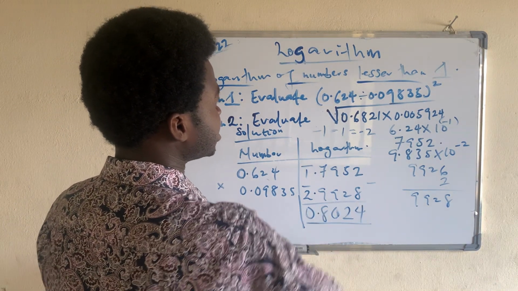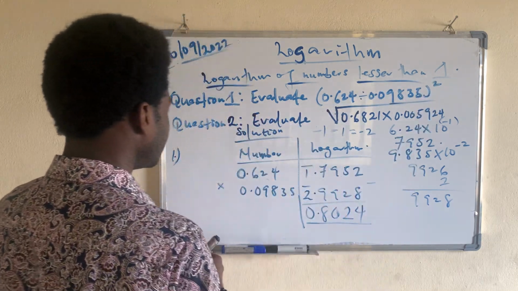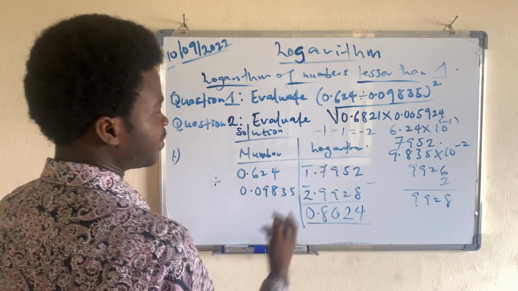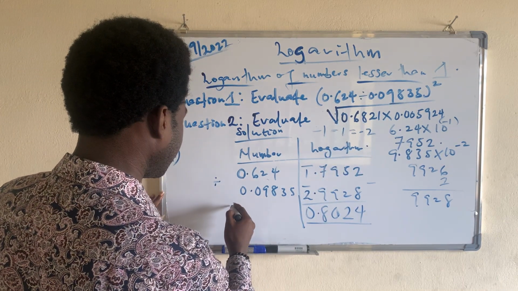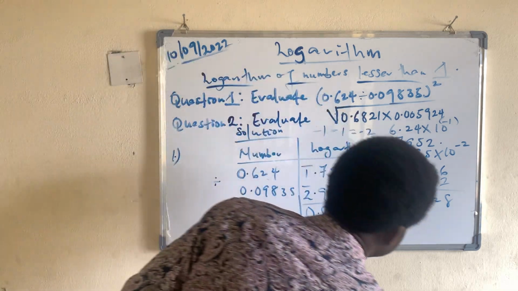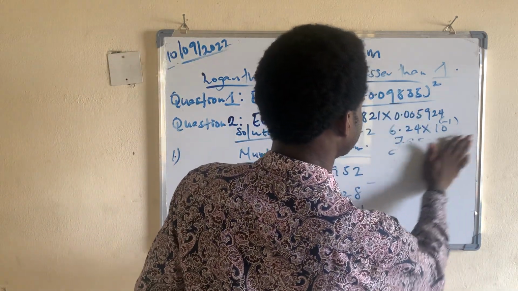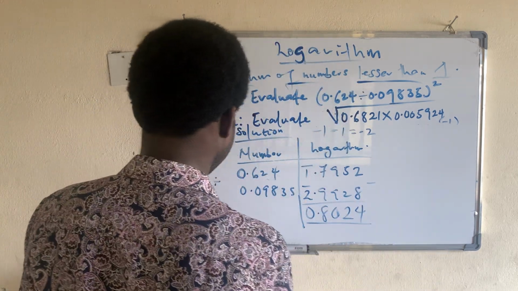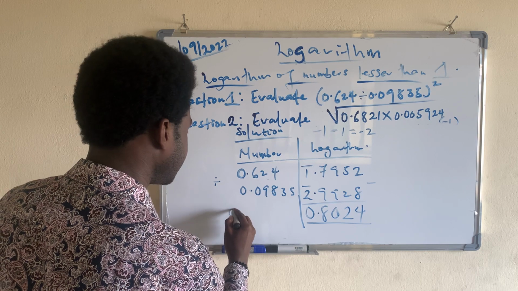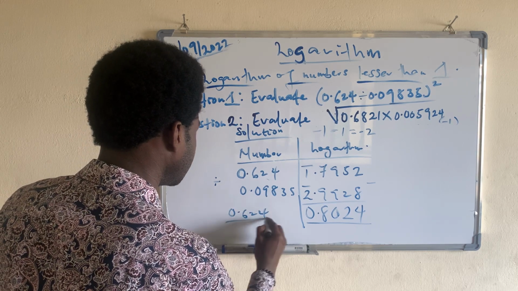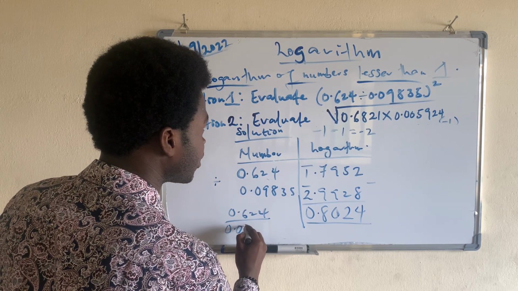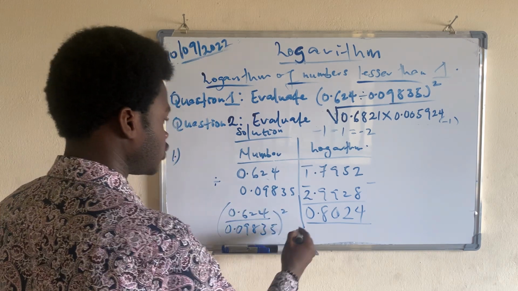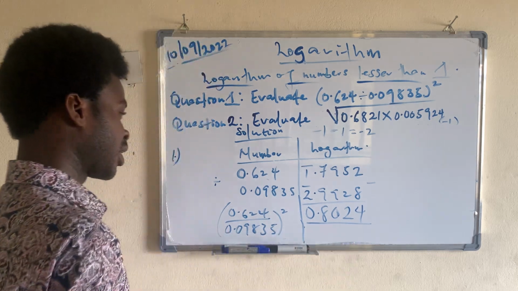But don't forget, we have all to the power of 2 here. So that implies that, sorry, this is division. So that implies that what we have, we can rewrite that here, just like this, 0.624 divided by 0.09835 to the power of 2, so that I can record that here.